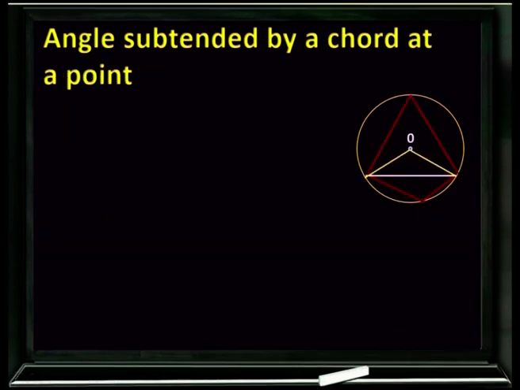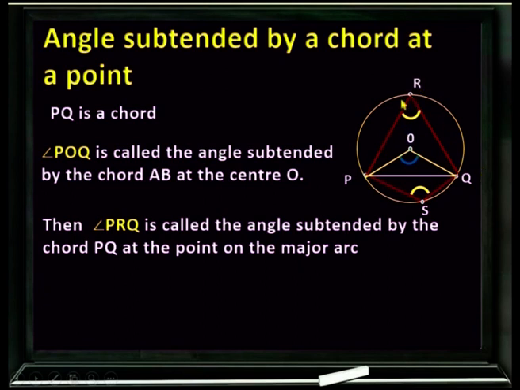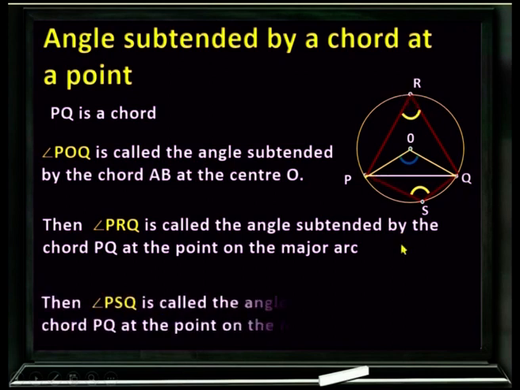Now, let us see the angle subtended by a chord at a point all together once. PQ is a chord, and this is the angle on the minor arc, this is the angle on the major arc, and this is the angle at the center. POQ is called the angle subtended by the chord PQ at the center O, PRQ is the angle subtended by the chord PQ at the point on the major arc, and the third one, PSQ, is the angle subtended by the chord PQ at the point on the minor arc.